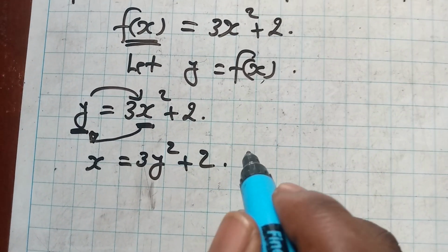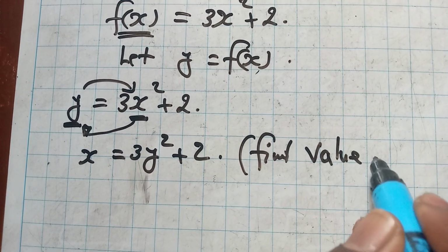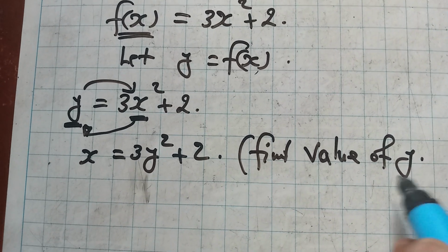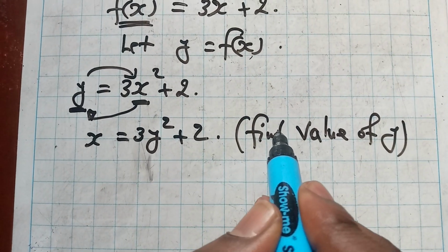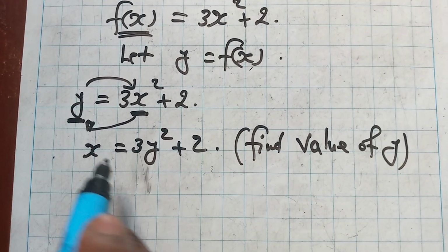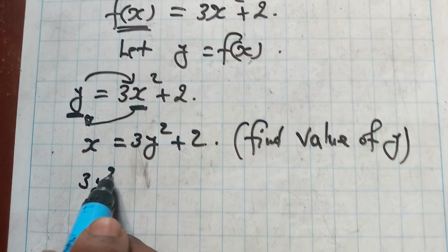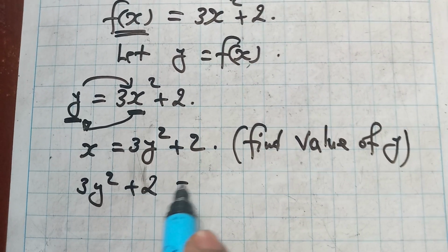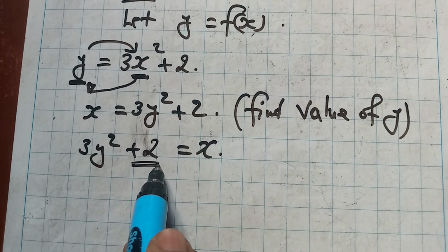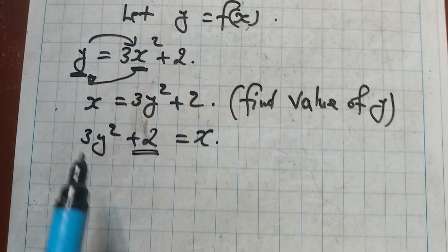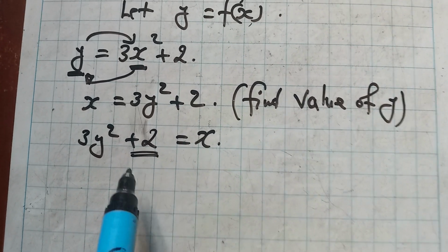At this stage, we have to find the value of y. You have to solve for y. Since we have 3y squared plus 2 equal to x, we have to remove this 2.